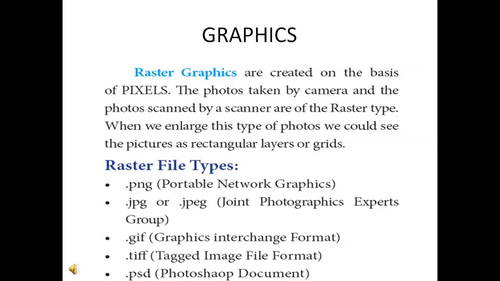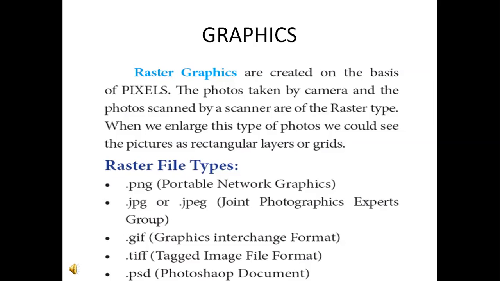Raster graphics are created on the basis of pixels. The photos taken by camera and the photos scanned by a scanner are of the raster type. When we enlarge this type of photos, we can see the pictures as rectangular layers or grids.